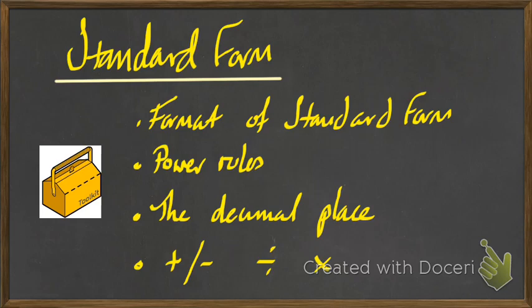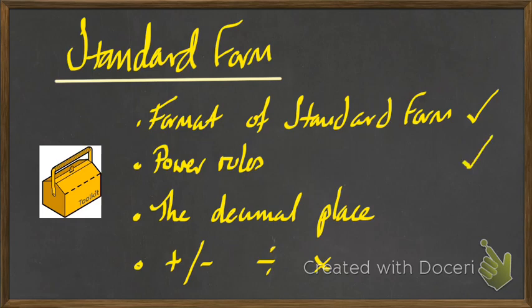Today we are going to be covering standard form to GCSE and higher GCSE type papers. Standard form is relatively easy, but there are bits in the toolkit, and that's what we're going to look at. If we know these bits, then it makes all standard form questions really easy. Firstly, we have to understand the format of standard form. We need to have a tiny look at power rules.